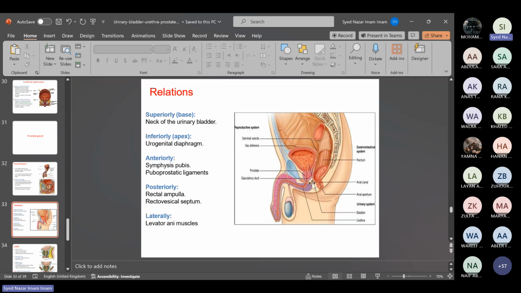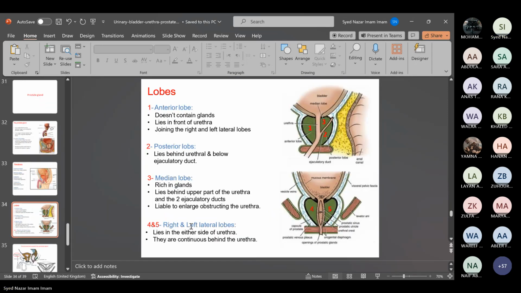This is a very thick fascia, and it resists the spread of cancer from the prostate to the rectum or from the rectum to the prostate. And laterally, what structure do we have? Laterally, we have the pelvic diaphragm, which is formed by the levator ani muscles. Very easy, not very difficult.